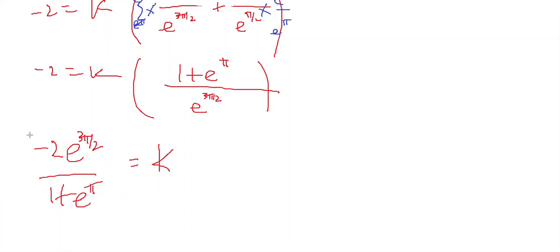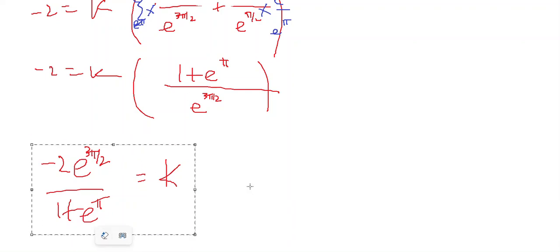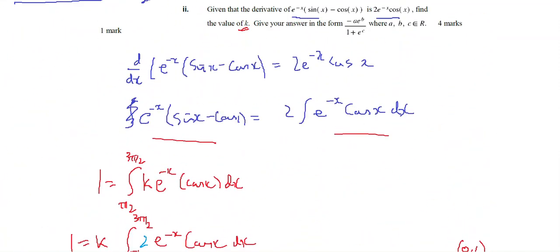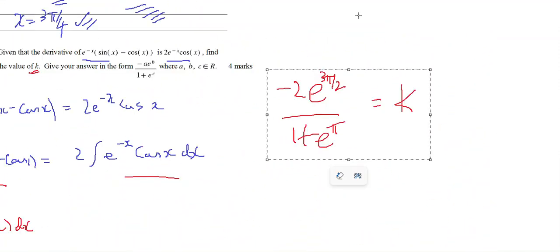And I think that's in the correct form that I want. And that is in the correct form: A is 2, B is 3 pi on 2, and C is pi.